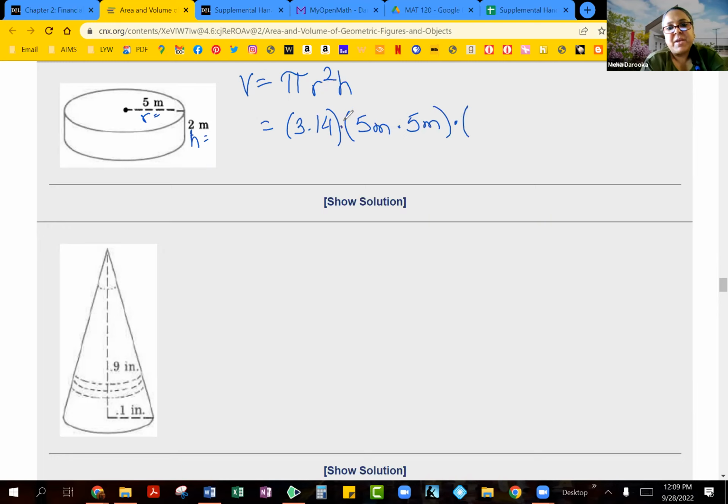And then, of course, we are multiplying the height, which is also 2 meters. So you can see you're doing meters times meters times meters. That's where our cubic meters will come from. And then you're just multiplying 3.14 times 5 times 5 times 2. And I've already got answers coming through. Very nice.